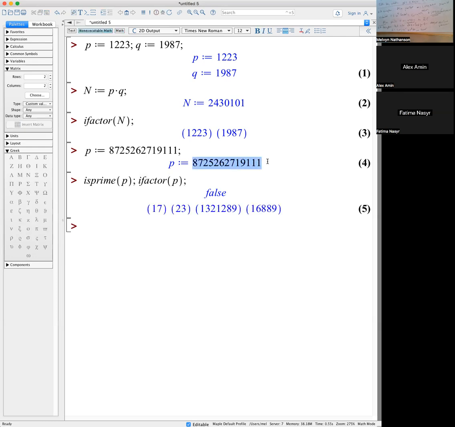So let me change this a little bit. Still not a prime. How to find a prime?